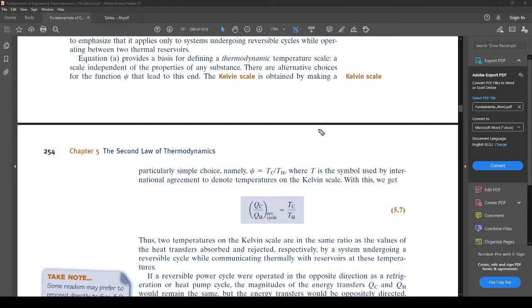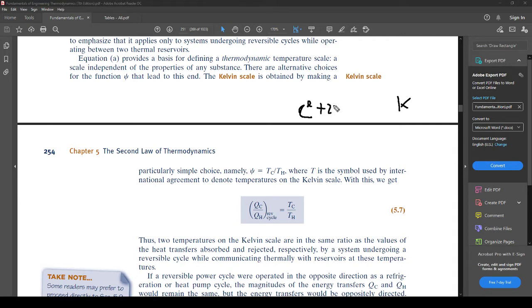Essentially, if anyone doesn't know, Celsius to Kelvin is add 273. So Celsius plus 273 gets you Kelvin, okay? I guess I wrote that equation wrong.